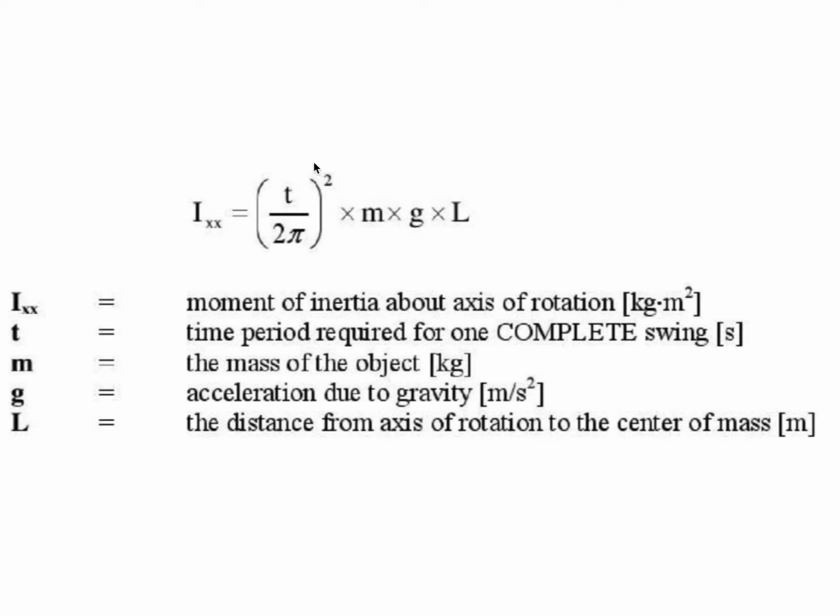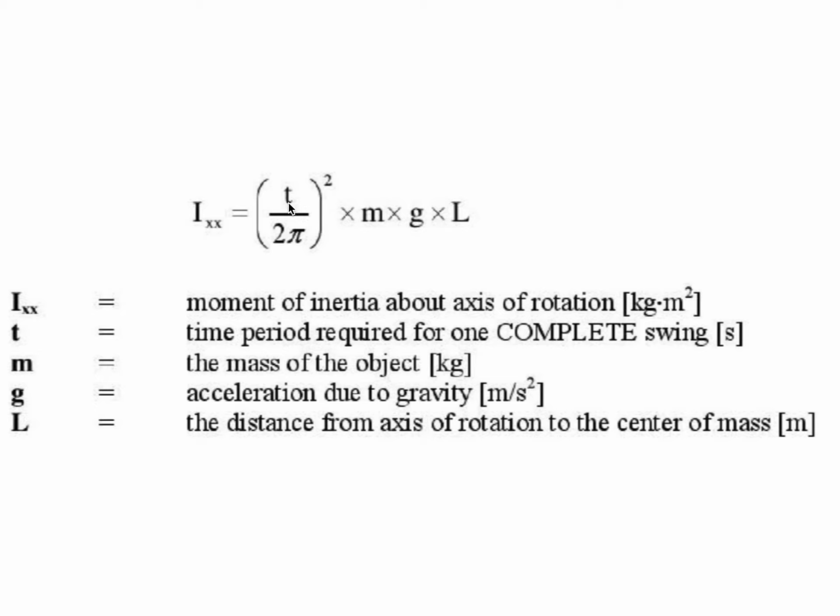And how about this thing? It looks super complicated: T divided by 2 pi. We're going to swing the object. You'll see it in the demonstration video later. Just imagine we hang a baseball bat on the door and swing it as a pendulum.